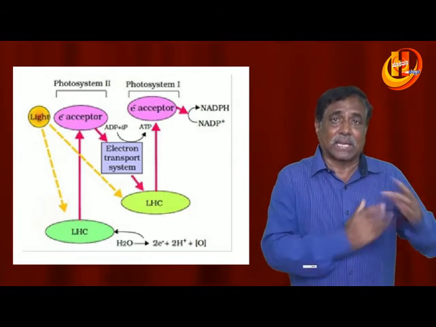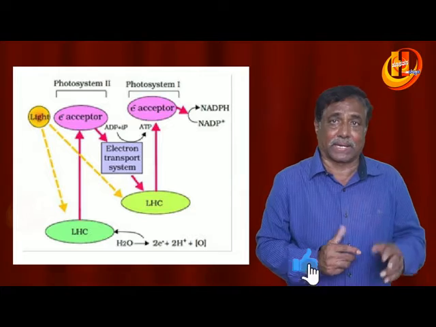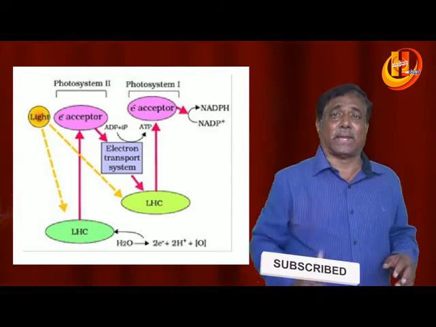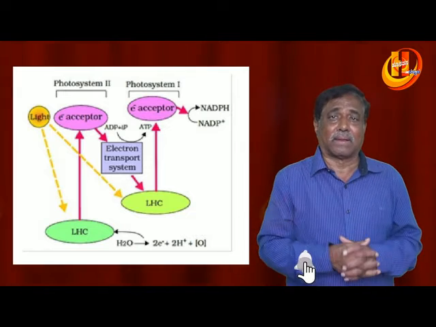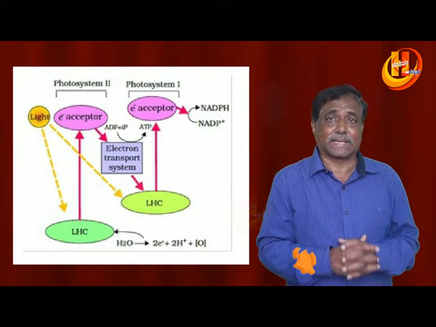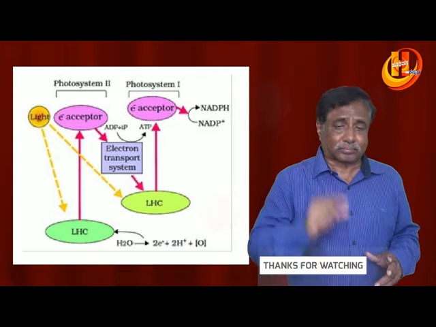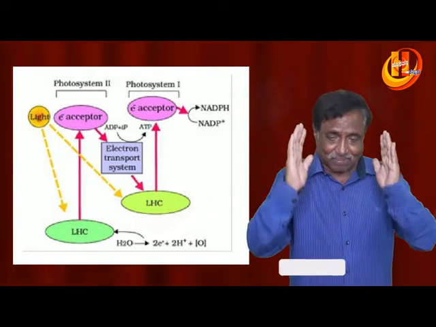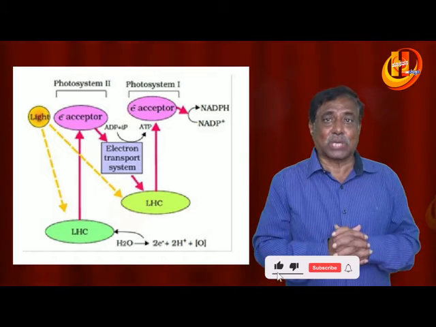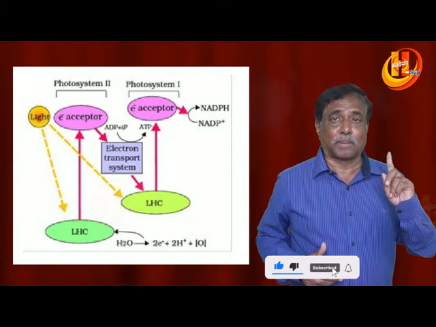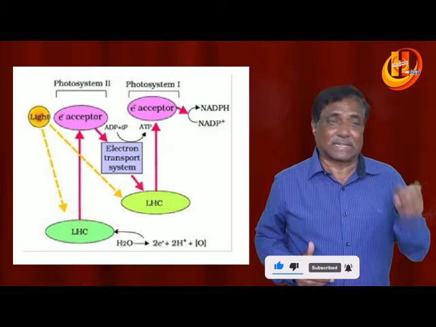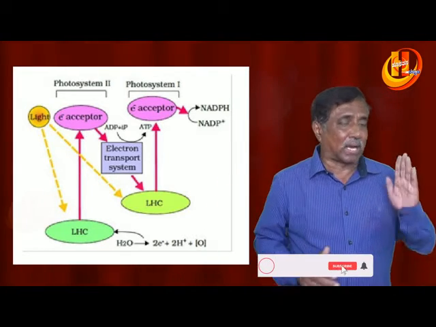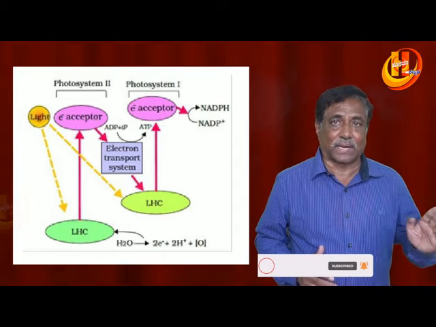Grana consists of NADP reductase, but in stroma lamellae there is no PS2, hence no NADP reductase, and NADP reduction takes place only during non-cyclic photophosphorylation. So in PS1, light having a wavelength of 700 nm is involved, and in PS2, 680 nm. In PS1 there is no photoionization of water.